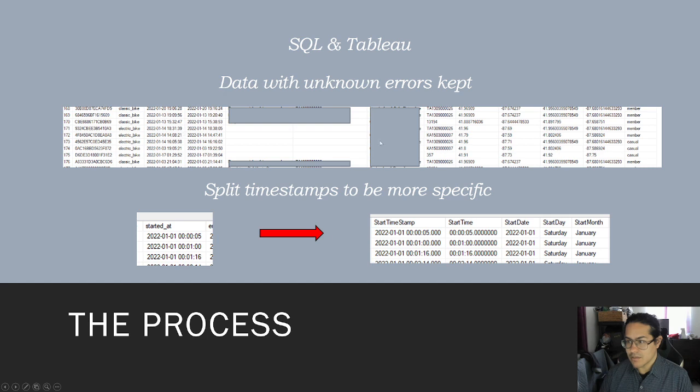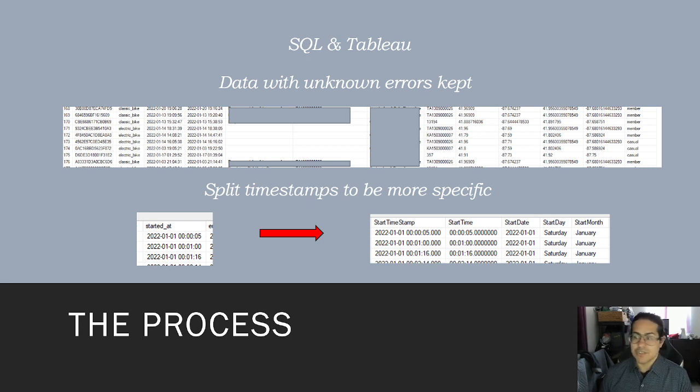Now, as you can see from the top here, this is where I started. This is what the data looked like as I started it. So there were a bunch of different columns, and some of them I thought weren't that important, but the main one that I really wanted to point out is that the timestamps that we got for the start and end time, I split that into 5 different categories. So we kept the original timestamp method, which shows the combined date and time that the transaction either started or ended.